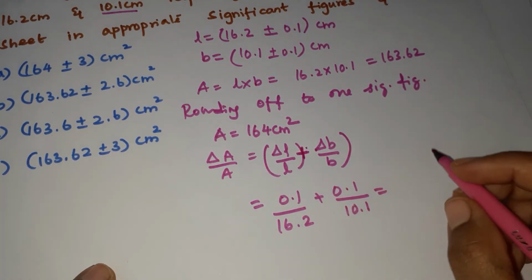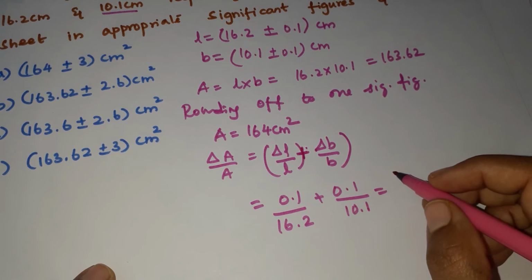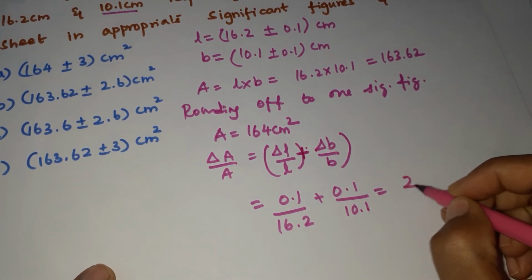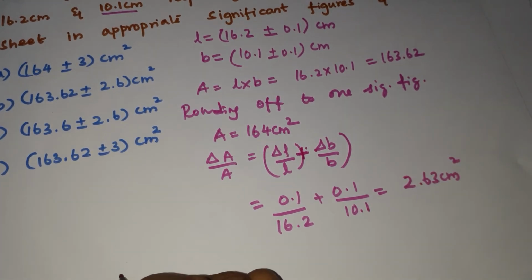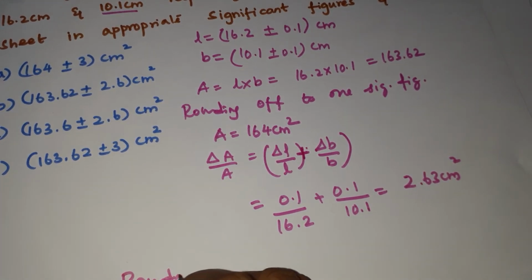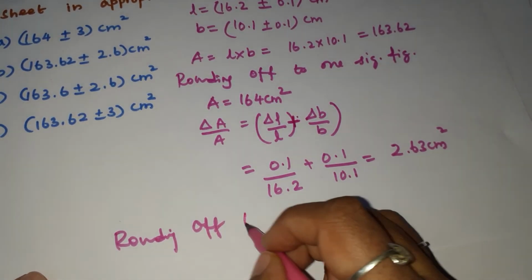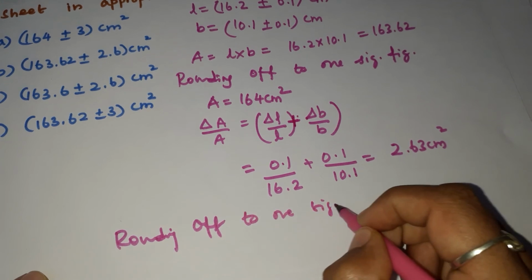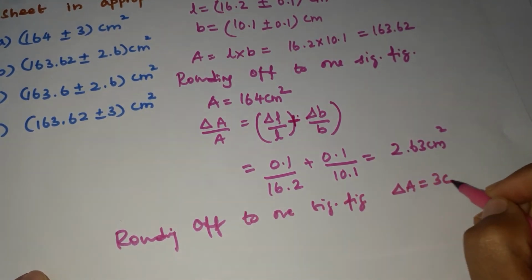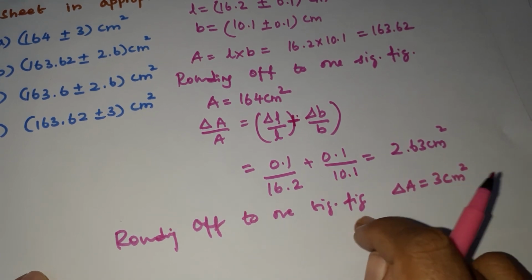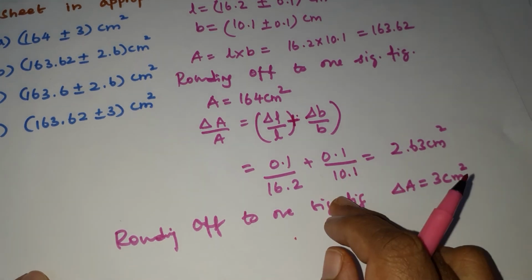When you take LCM and cross multiply, we will get 2.63 centimeters square. Rounding off to one significant figure, del A equal to 3 centimeters square. So we can finalize that del A is 3 centimeters square.